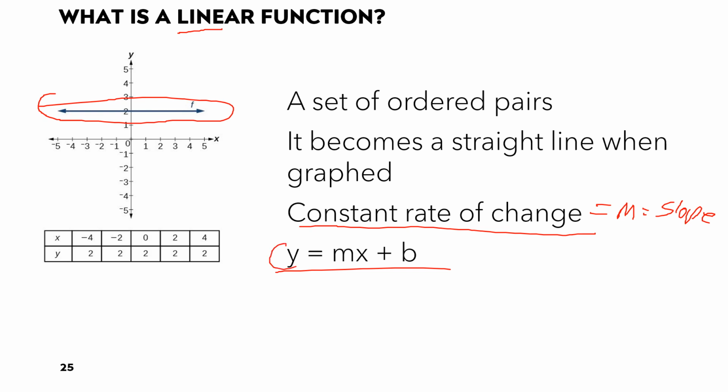All this means is your output, y, is equal to your slope times your input, which is your x, your domain, plus your y-intercept. That's just where it crosses the y-axis. This is all pretty easy. You don't need to know this for this lesson. It's just foreshadowing for the next lesson to let you know everything we do here today has a purpose.